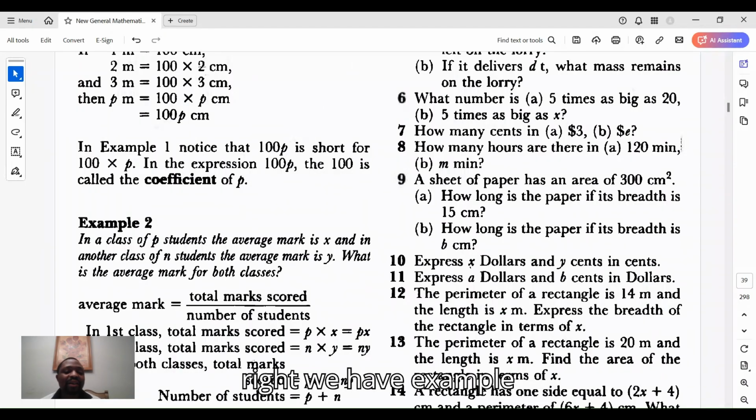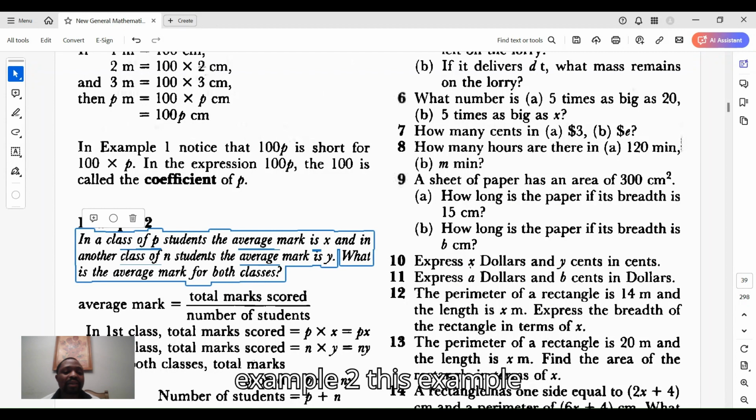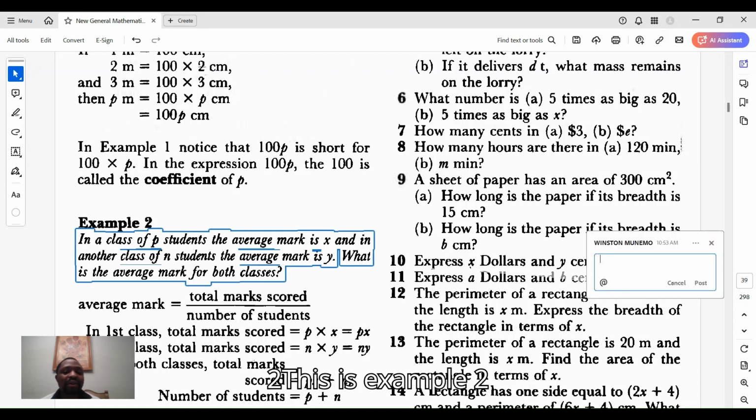We have example 2. In a class of p students, the average mark is x. And in another class of n students, the average mark is y. What is the average mark for both classes?